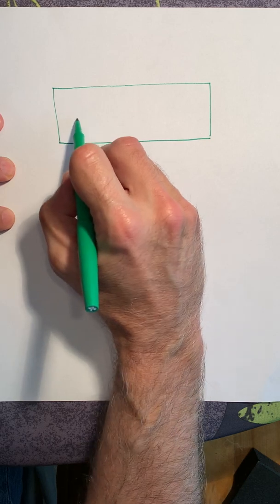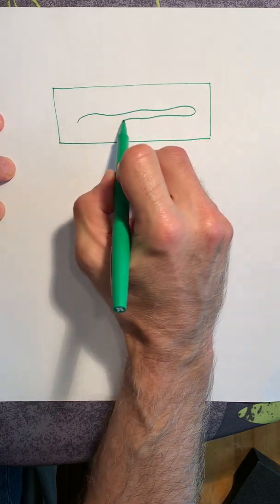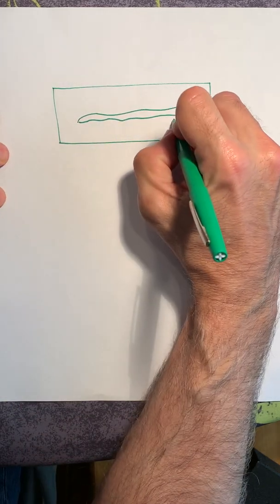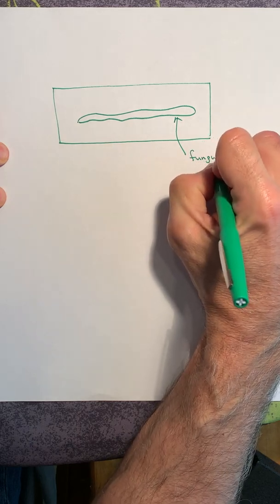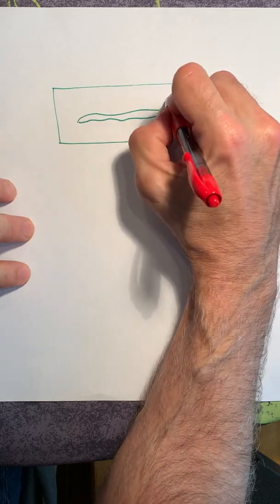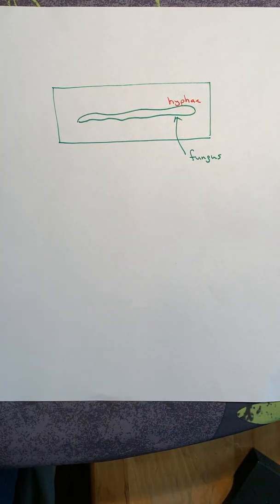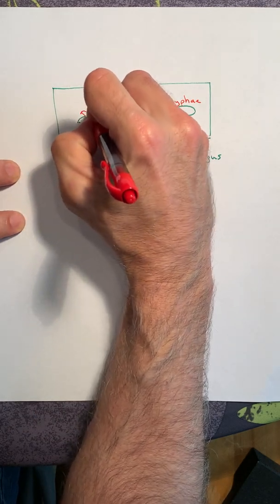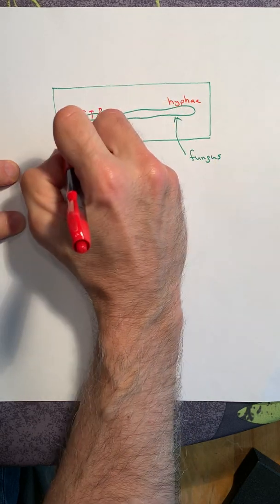And how fungus really works is it's a tube, and it's a tube that grows within the food product. So this is actually your fungus. And this is a structure in the fungus called a hyphae. It's just a tube. And what the hyphae does is it releases digestive enzymes.